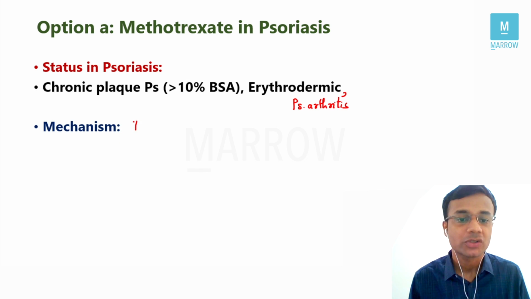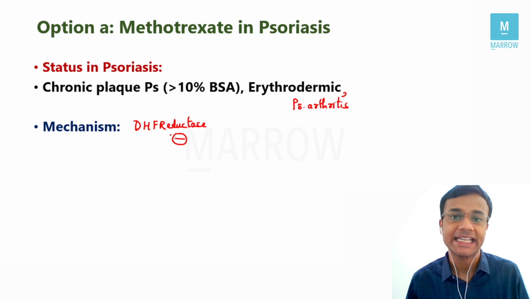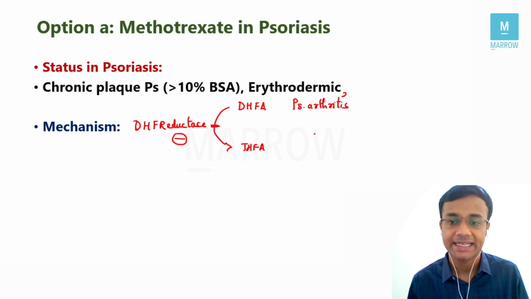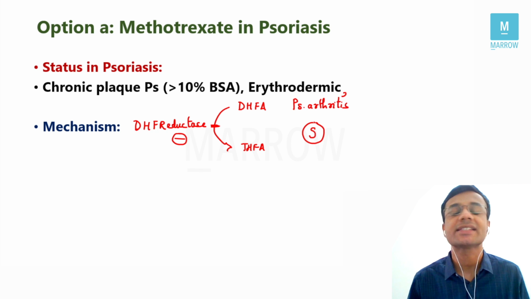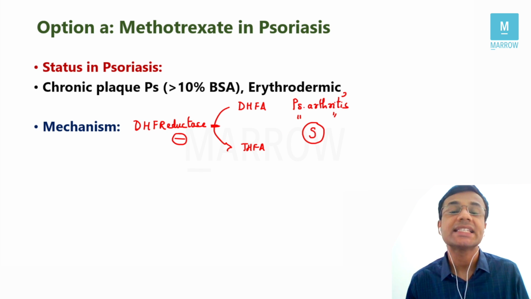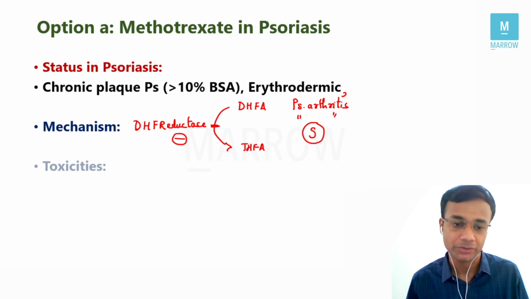It inhibits the dihydrofolate reductase enzyme, which is responsible for the conversion of dihydrofolic acid to tetrahydrofolic acid. This step is blocked by methotrexate, and it acts on the S phase of the cell cycle, the DNA synthesis phase.